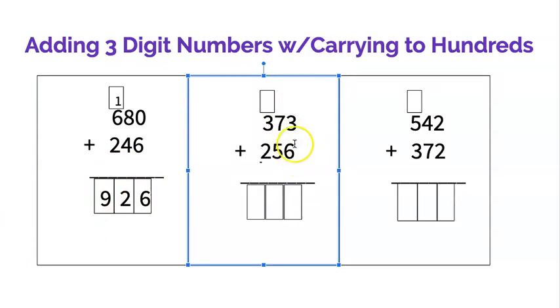All right, ones column, 3 plus 6 is 9. 7 plus 5 is 12. All right, and then 3 plus 1 is 4, plus 2 more is 6.